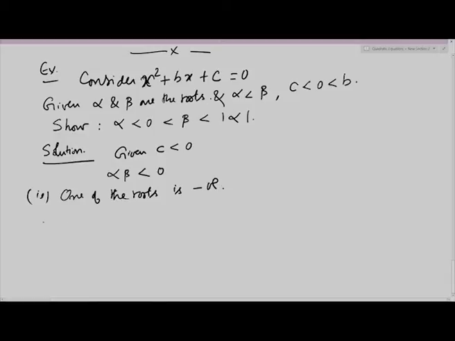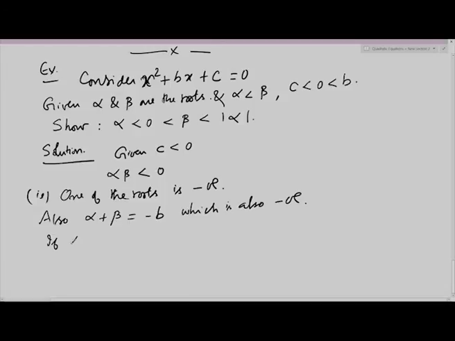Also, see what is alpha plus beta? Sum of the roots is equal to minus b, which, because b is positive, it is given, is also negative.